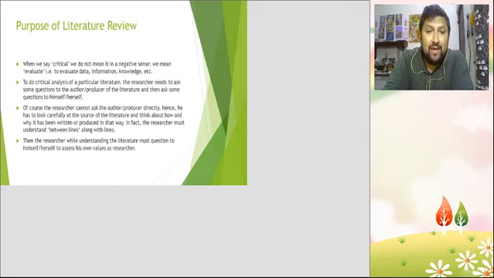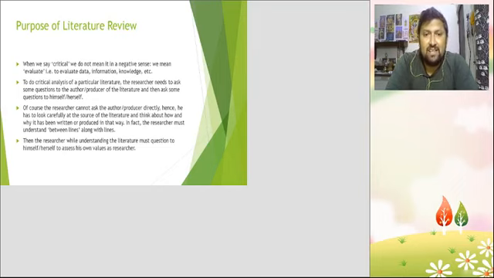And to do a critical analysis of a particular literature, the researcher needs to ask some questions to the authors or producer of that literature, and then some questions he or she should ask of himself or herself. Of course, the researcher cannot ask the author or producer of that literature directly because that person is not there before the researcher, but certainly the work of that person is there.